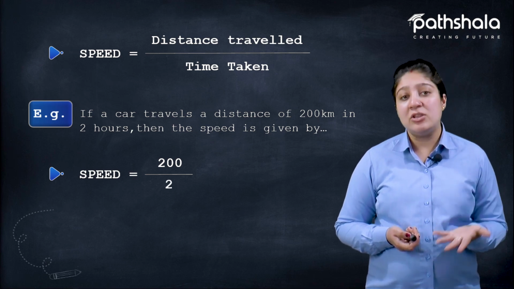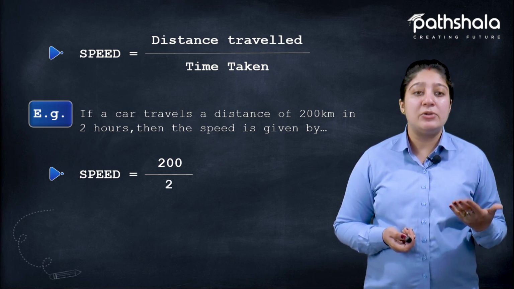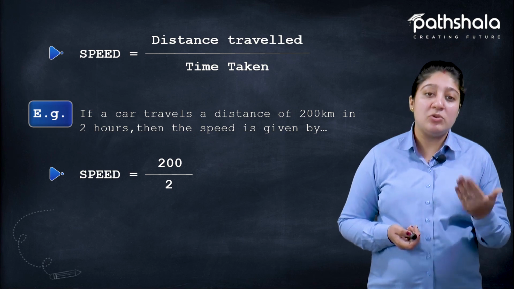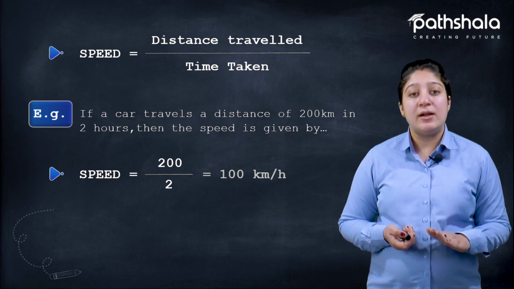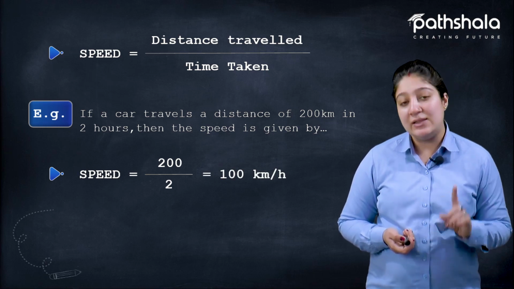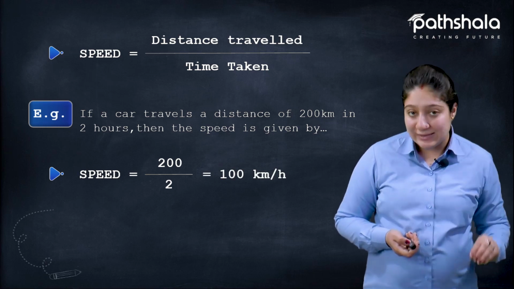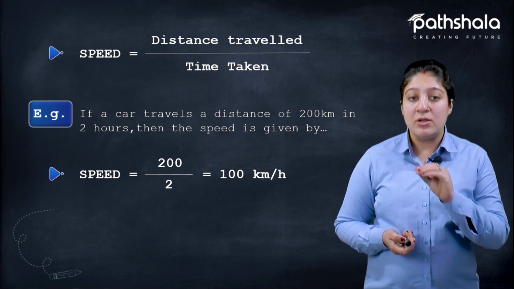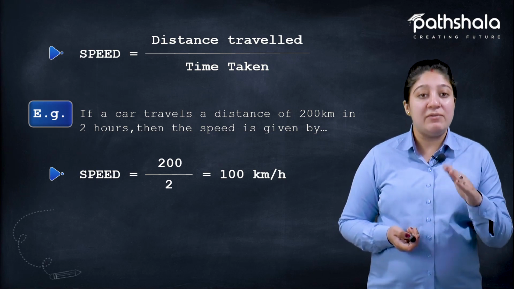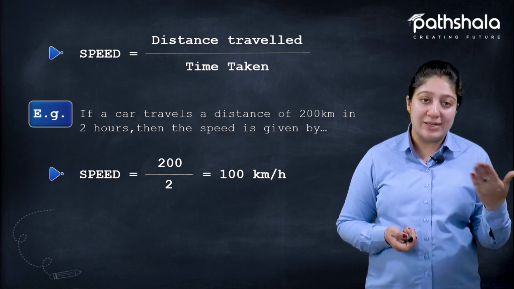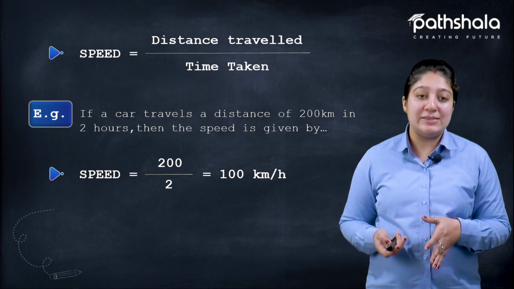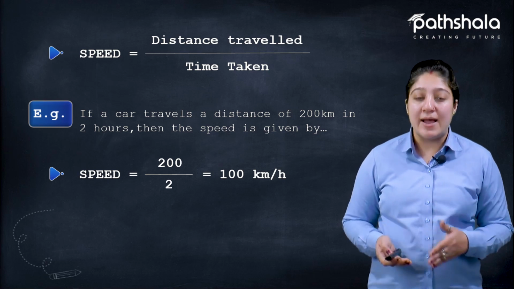While we are doing the numericals, we don't need to write the units in the working, right? But when we get our answer at the end, it becomes very necessary to mention the units. When we divide the distance by the time, we get our answer, that is 100 km per hour.